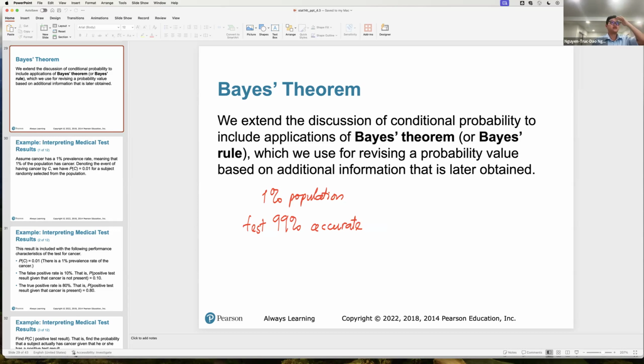Now the question is, if someone tests positive, what is the probability that they actually have the disease?